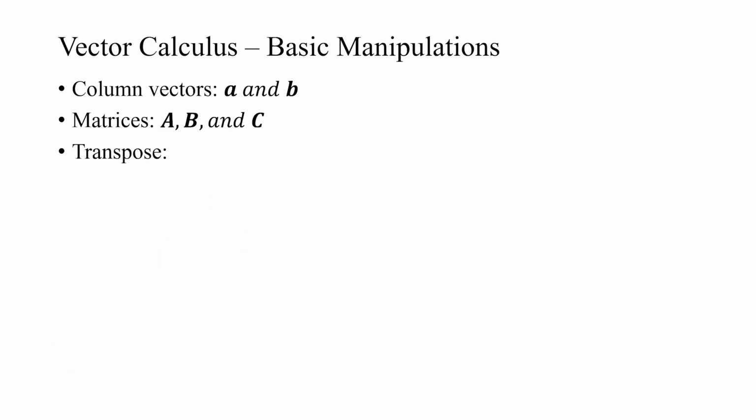And we have the transpose. Usually, if we want to take the transpose of the product of matrices, we reverse the order and take the transpose of each of them. This means that if we originally have A and B as matrices, the transpose of AB is equal to B transpose times A transpose: we reverse the order from AB to BA and take the transpose of each of them.